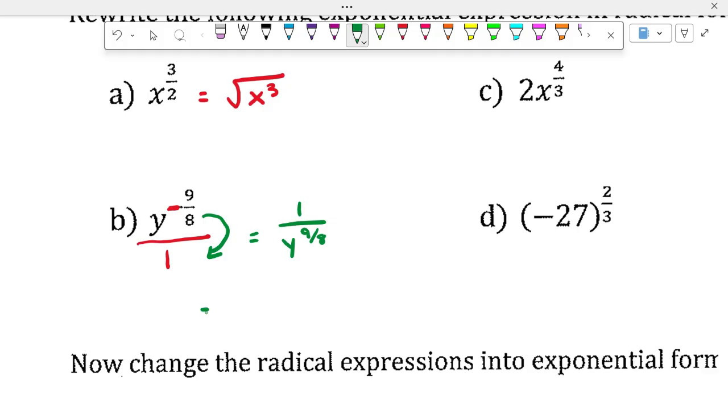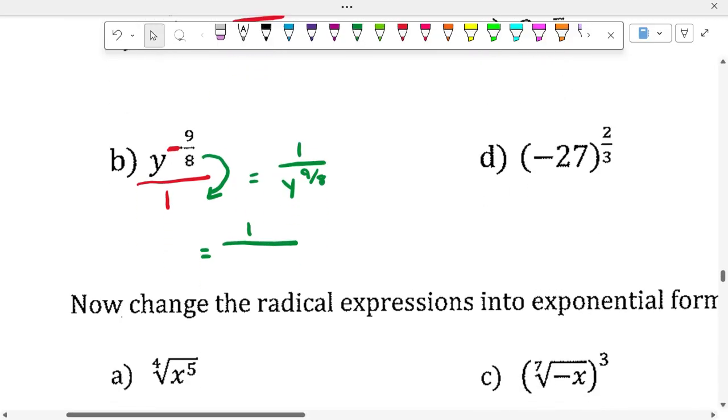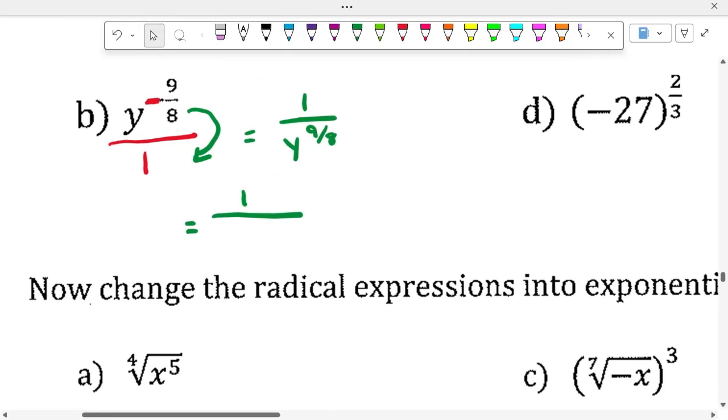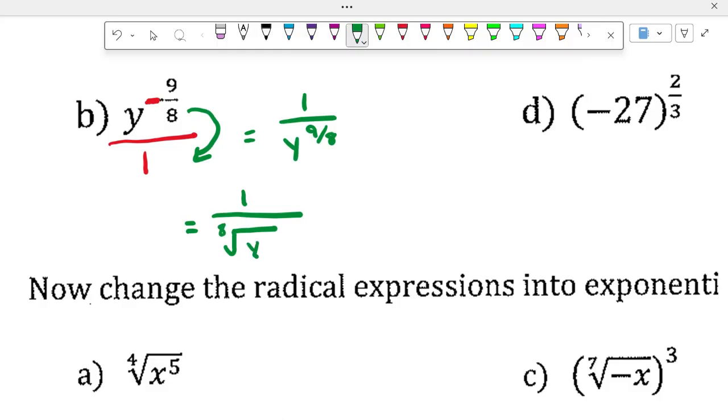So that means that whatever radical we write, we're going to put it over 1. So first off, what type of radical do I have? What type of root is it? It's an 8th root. And the y is going to be raised to what power? The 9th. Good.